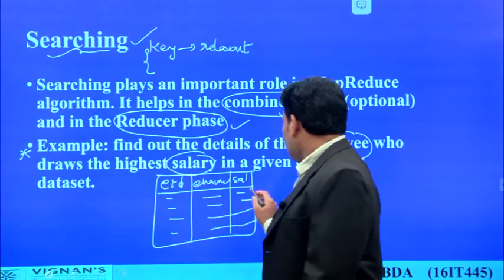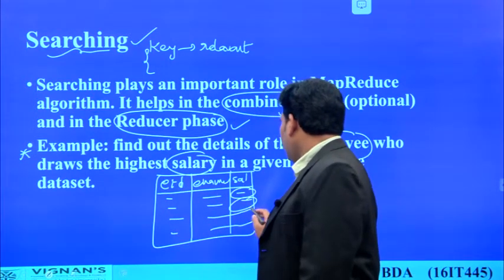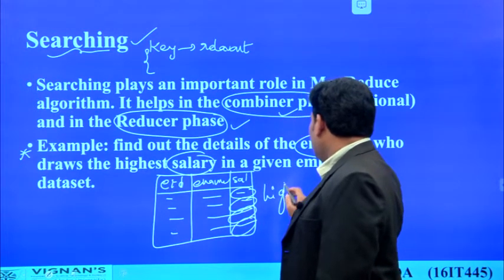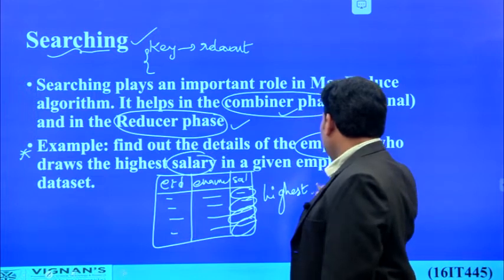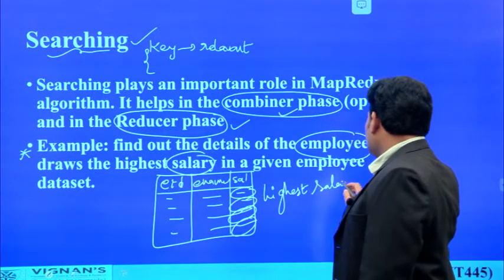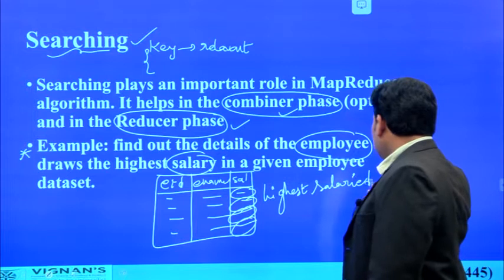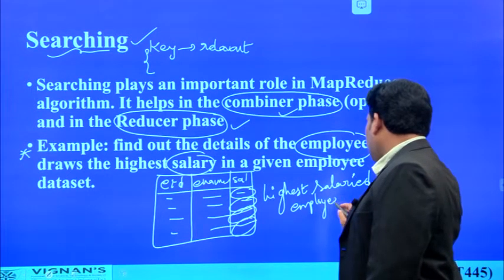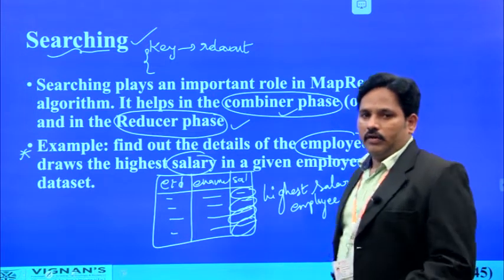That means among all these values we want to find out the highest value, that is, the highest salaried employee. The highest salaried employee is going to be identified by writing a query.